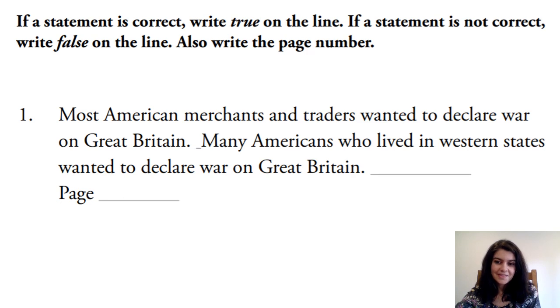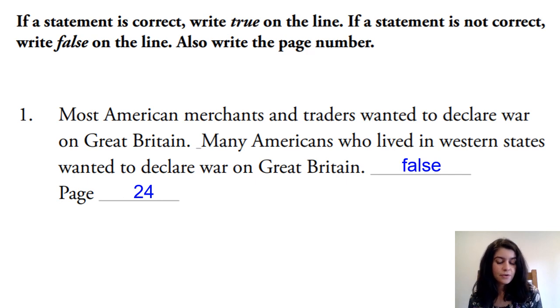All right, did you get it? Let's check our work. This statement is false. This one was kind of tricky. The last part of what I said is true. It says many Americans who lived in Western states wanted to declare war on Great Britain. They did, but if we look at that first sentence, most American merchants and traders wanted to declare war on Great Britain.